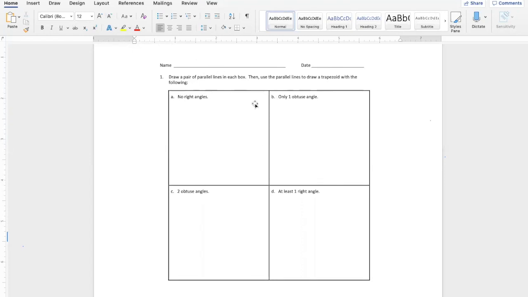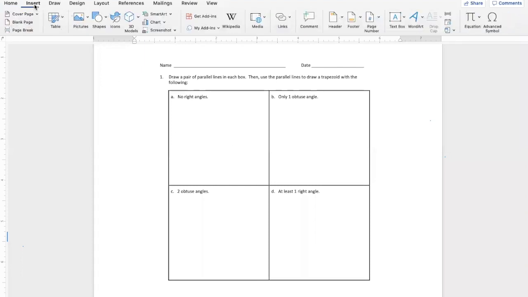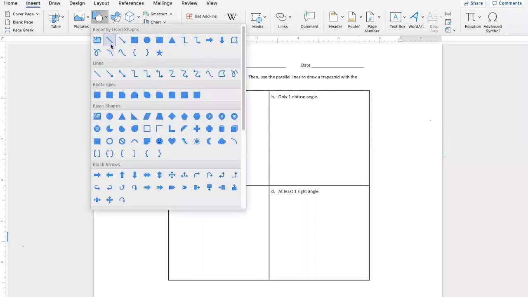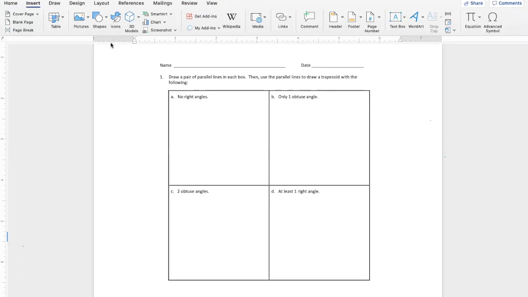I downloaded this document and I was dragging it into a Word document. And I'm going to put insert here. And then I'm going to go to shapes and I'm going to select a straight line. So I'm going to go ahead and draw a trapezoid, remembering that a trapezoid has to be made of those straight lines.